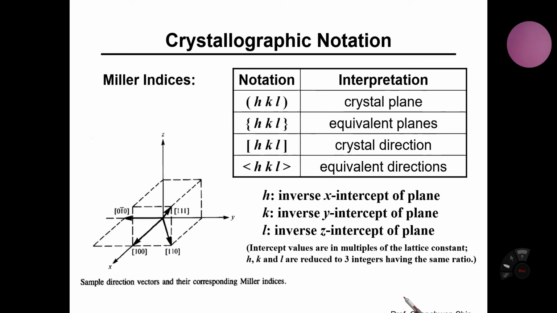Now, in this movie clip, let's put more focus on the crystallographic notation. As you have learned and guessed, the diamond structure or zinc blende structure is quite well patterned and well ordered. Therefore, it is hard to tell which side is front and which side is back.